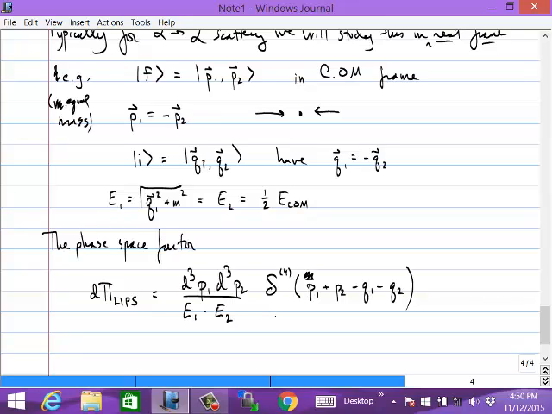But first of all, it's a delta function in three-dimensional space for the momentum vectors that sets the P1 vector equal to the P2 vector, times an energy conserving delta function, which, if you like, you can think of as setting E1 plus E2 equal to the total center of mass energy.